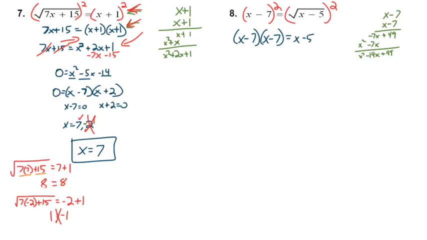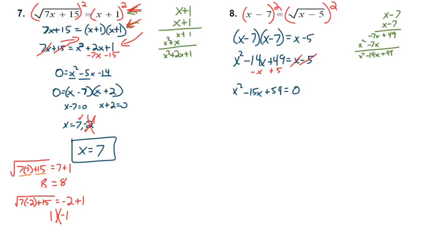Therefore, over here I've got x squared minus 14x plus 49 equals x minus 5. From here, I'm going to get everything to one side, to keep my x squared positive, so I get x squared minus 15x plus 54 equals 0.